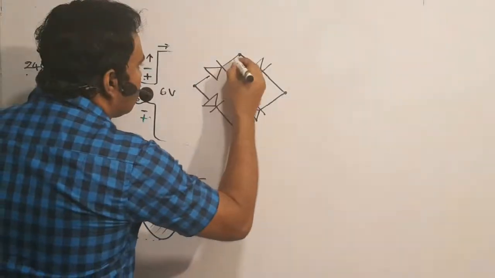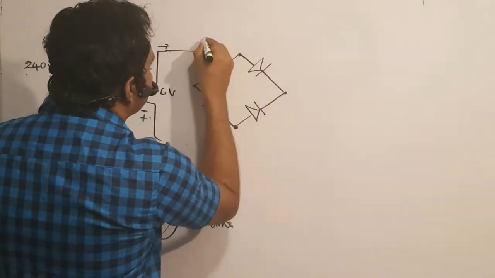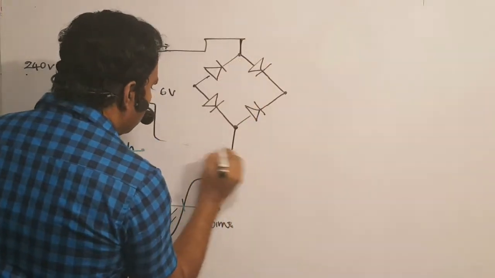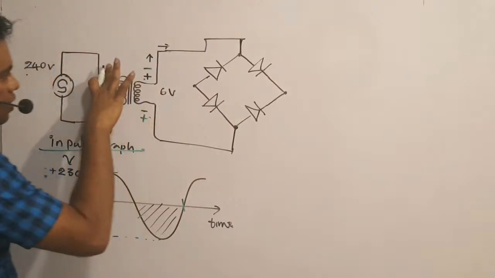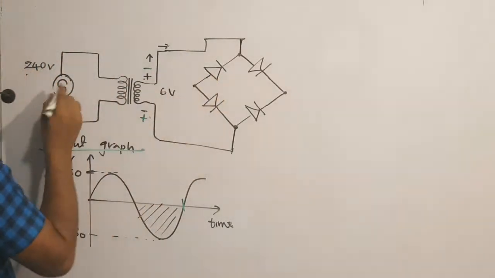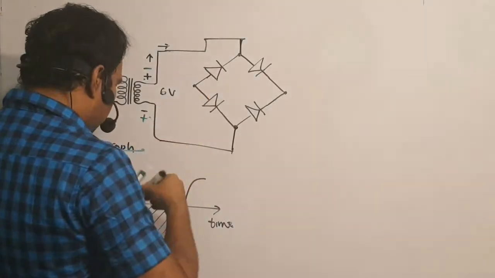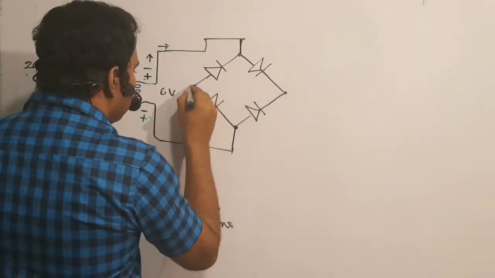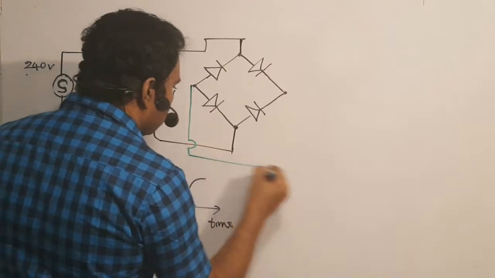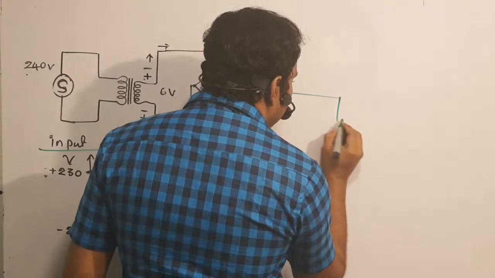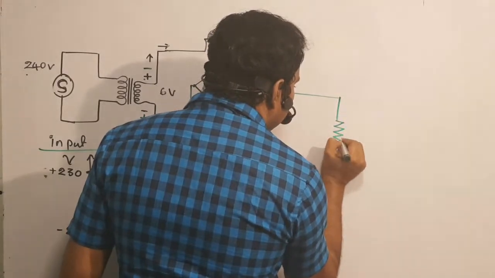So this is the way of making that circuit bridge. And this is how you connect that with the transformer or alternating current source, then output is taken from here. Okay, as you considered earlier.